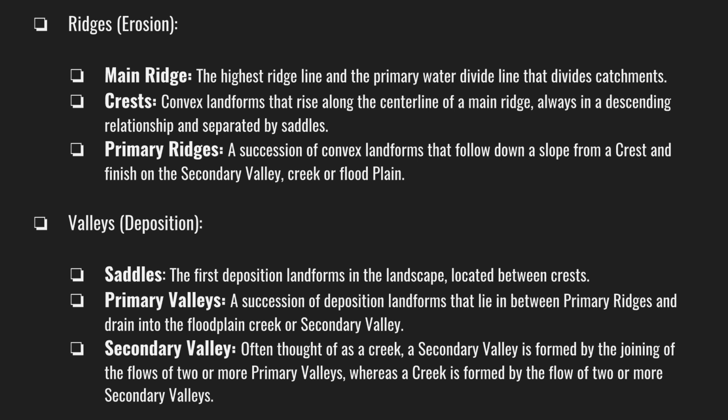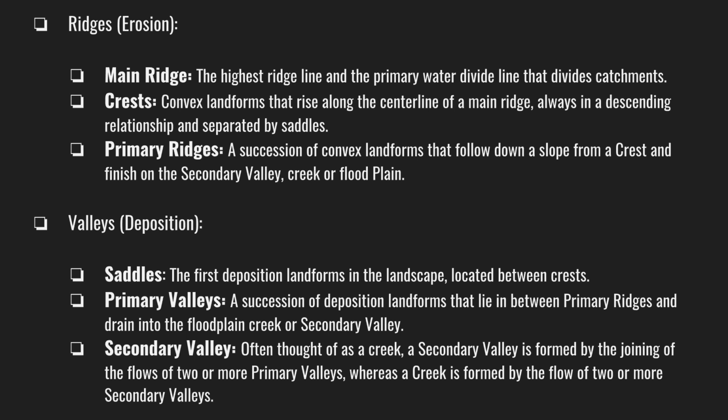So in Keyline, ridges are broken down into three main types. The first one is called a main ridge. If you look at the horizon line, it is the highest ridge line on the horizon, and it is the water divide line that divides the different catchments. It's the primary water divide line.